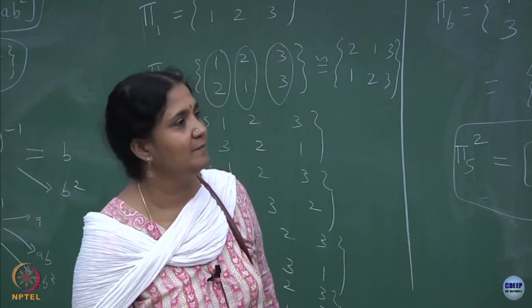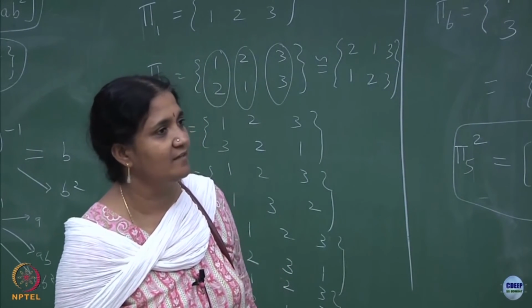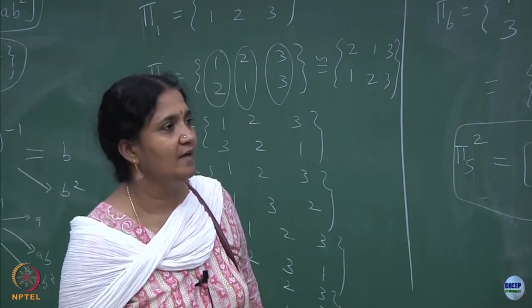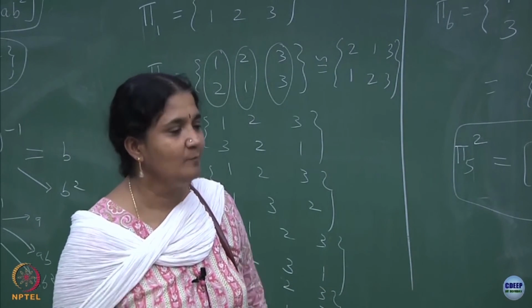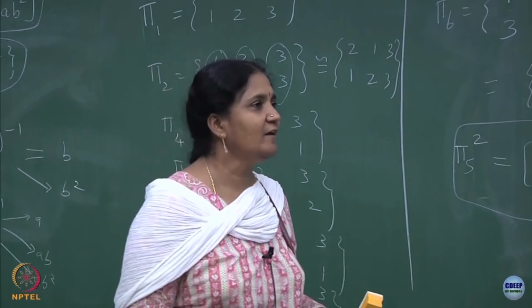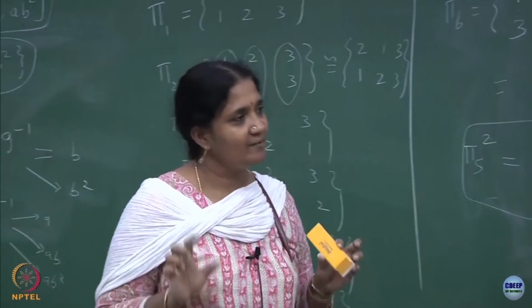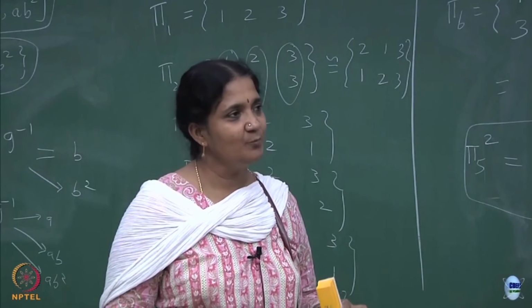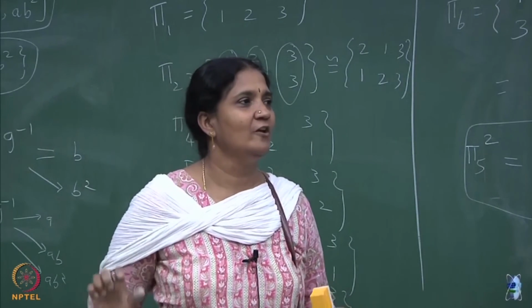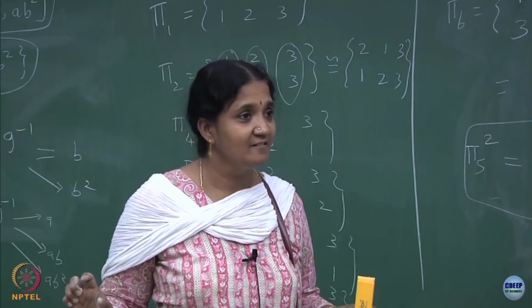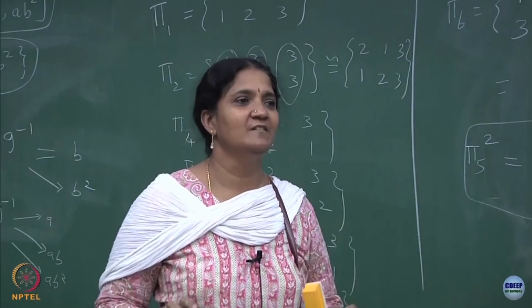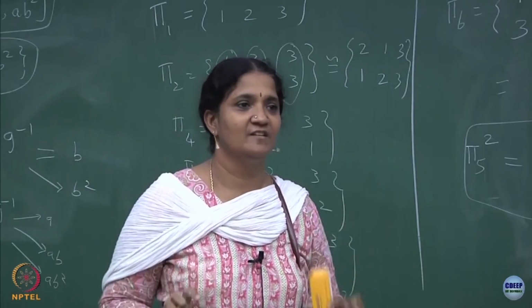Let me explain what permutation cycles are in these examples. The aim is, given a symmetric group of degree n, it has n factorial elements. Those n factorial elements I should be able to write as a disjoint union of conjugacy classes, and I should also be able to determine how many elements are there in each conjugacy class.